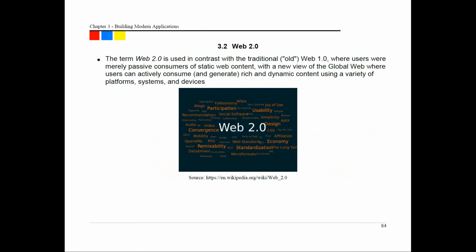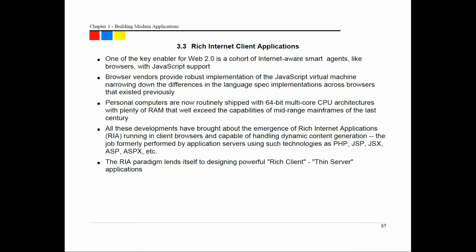Users are not passive consumers of static content. We now have higher level interactions. Users generate content, and devices are sending content and sending requests and sending, in fact, application information across the web.